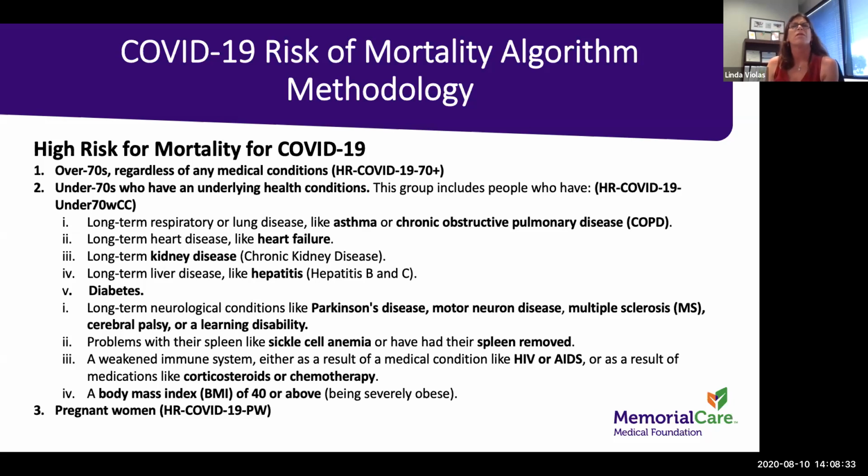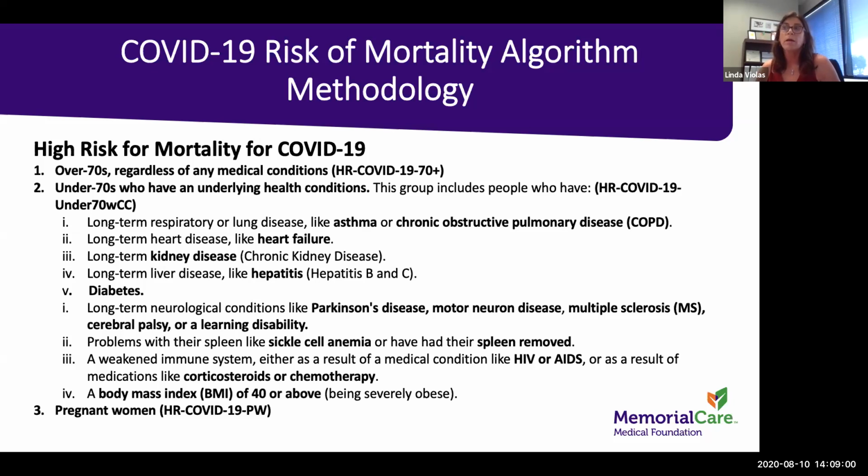Now, for those that are under 70 but have underlying health conditions, you will also fall into this bracket with long-term disease of many kinds. And we've already spoken a little bit about respiratory, lung disease, asthma, COPD. But the other one here, which I know is near and dear to this consortium, is heart disease. So if you have heart failure, if you have this kind of thing, you are definitely going to harbor that risk.